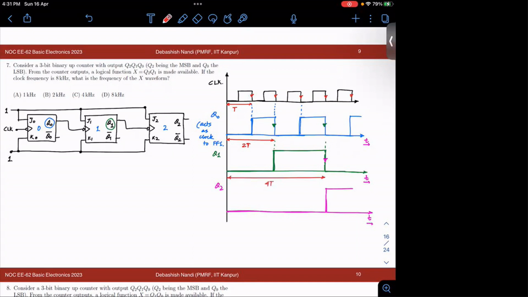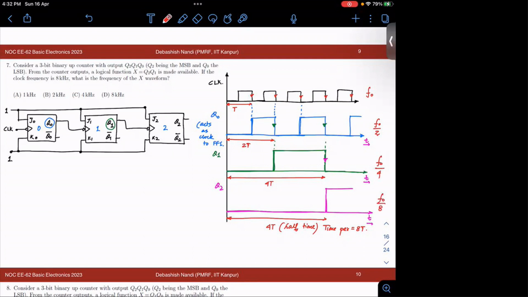So if your time period is doubled, then what is the frequency? Frequency is half, right? So if this has frequency F0, this will have frequency F0 by 2, this will have frequency F0 by 4, and this will have frequency F0 by 8, fine?